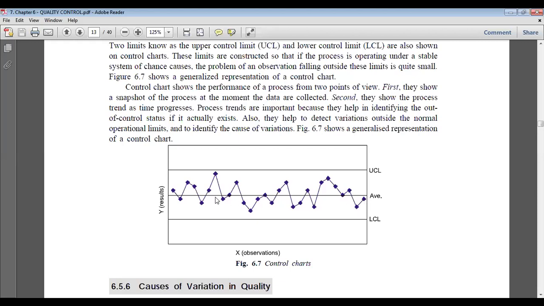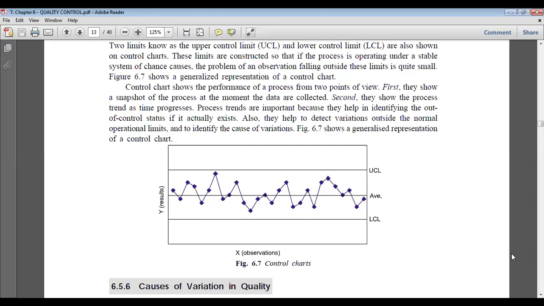So we have plotted all the 20 parts on this control chart. First of all, we need to know what the upper control limit and lower control limit are and how they are defined. Then we plot all the observations that we have made by measuring the parts.